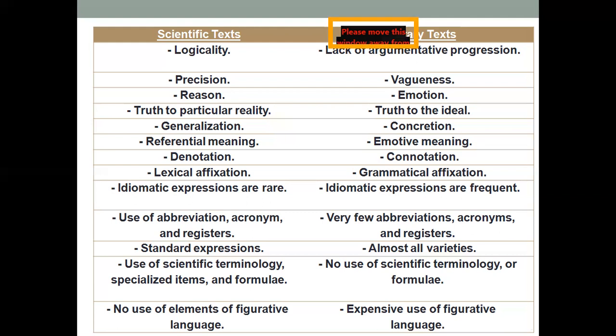Why? Because the same sentence or expression used in literary texts may have two levels of meaning. The first level is apparent, and the second one is implied meaning.